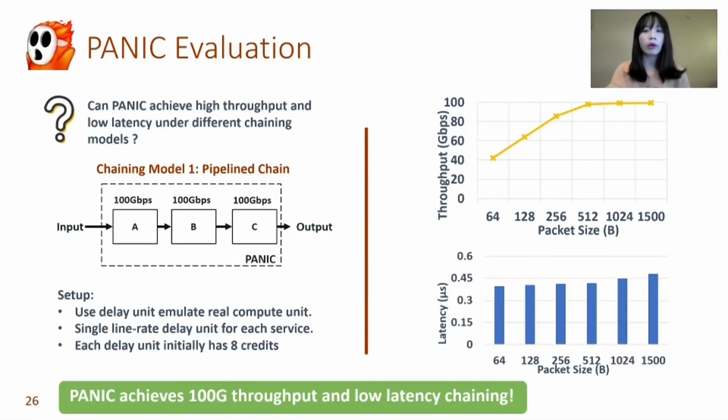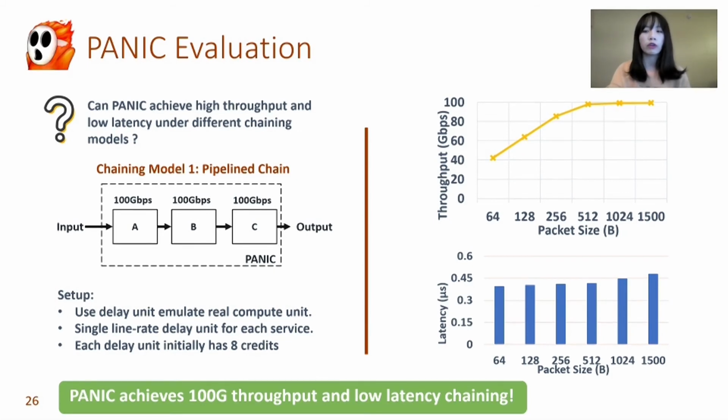First, we micro-benchmarked Panic throughput and latency using pipeline chaining model. In this chain, every packet is sent through 3 line rate units in a sequence. We measure Panic throughput as a function of packet size, as shown in the right. The result shows that Panic can achieve full line rate when packet size is bigger than 512.